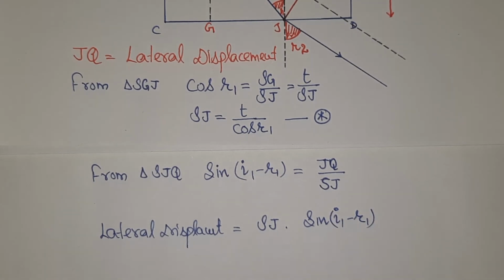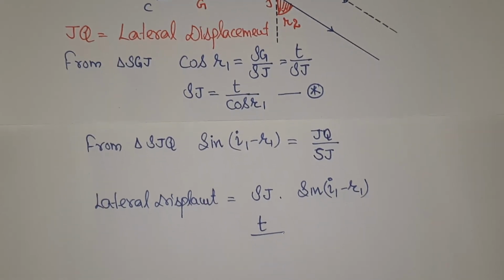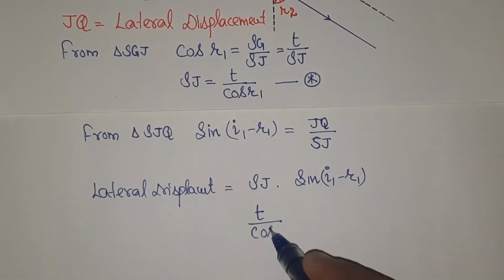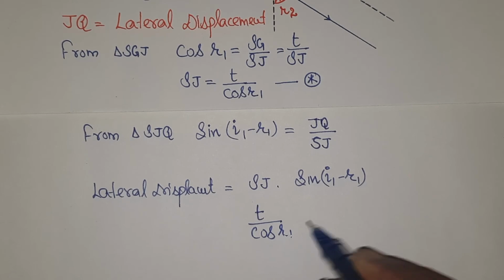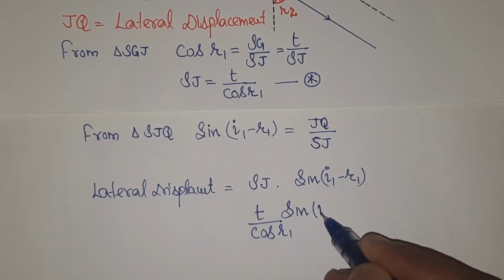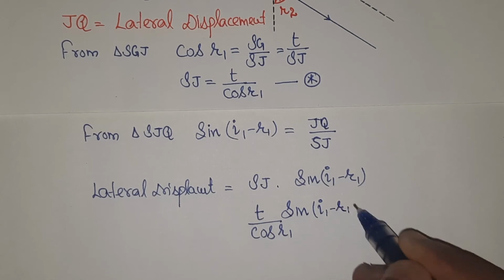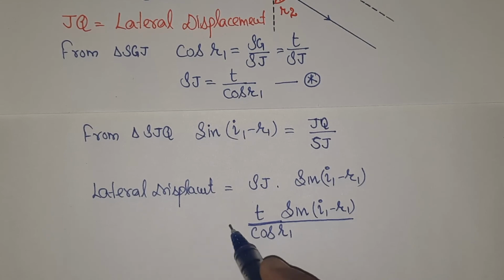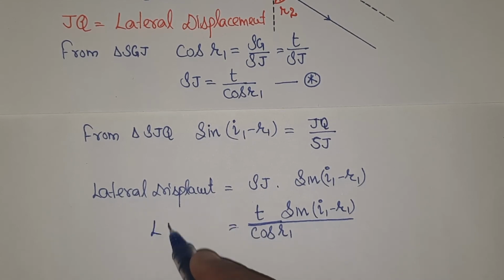Now placing the value of SJ, that is T, the thickness of the slab, over cos of R1, into sine of I1 minus R1. So this particular expression gives us the value of lateral displacement. Hence we can write it.